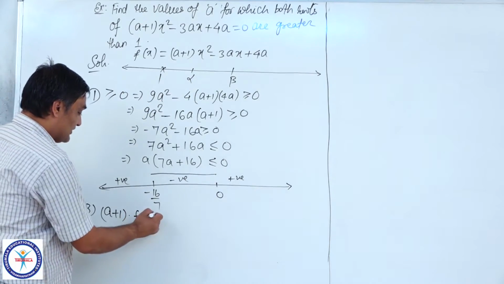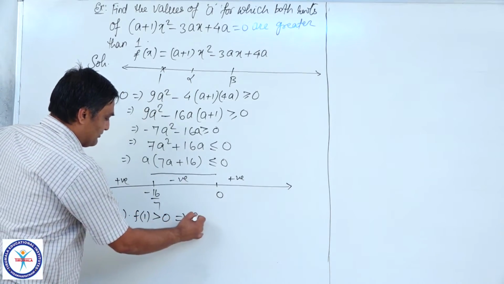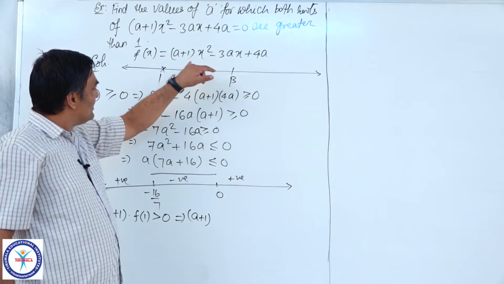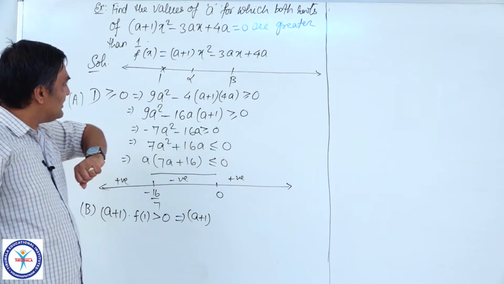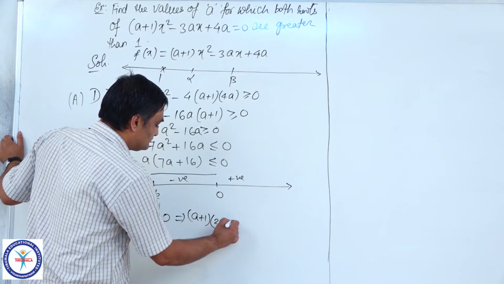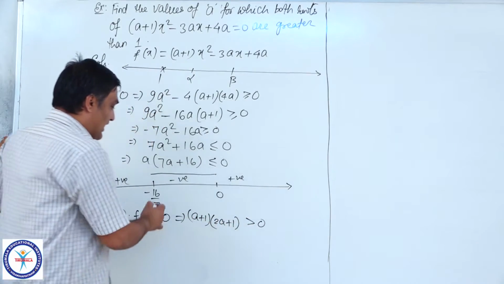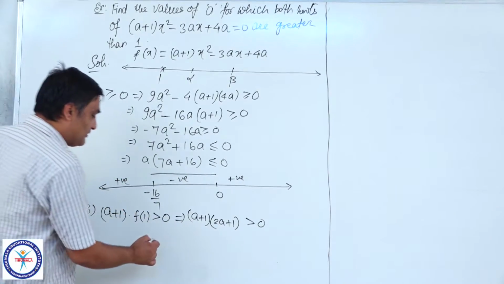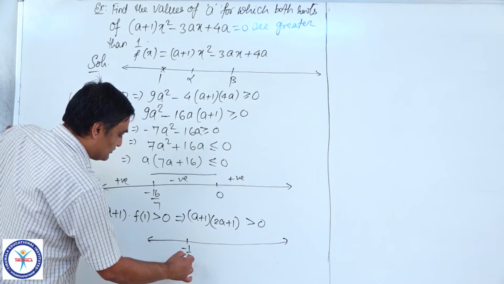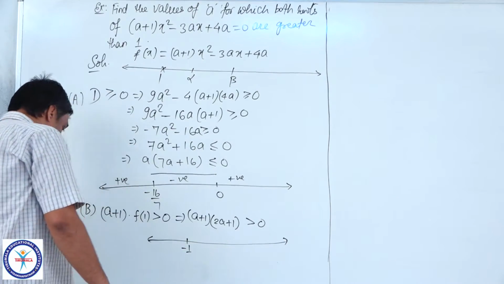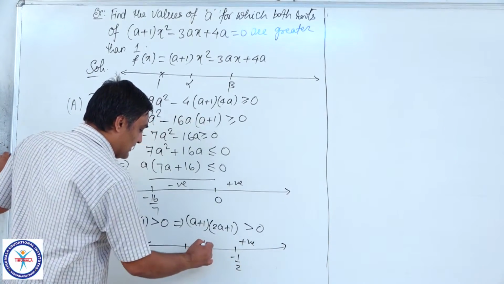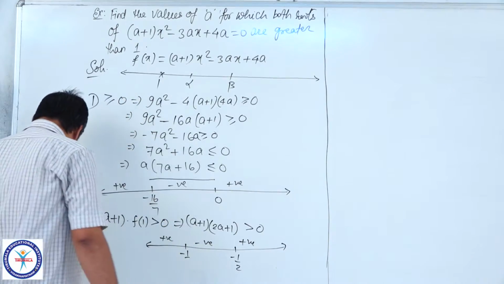Outside the roots it is greater than 0. (a+1), and what is f(1)? Put x equal to 1. It is (a+1) − 3a, means 2a+1, greater than 0. Again we have to apply the sign scheme. Roots −1 and −1/2: positive, negative, positive.